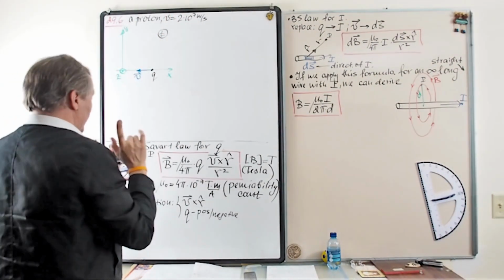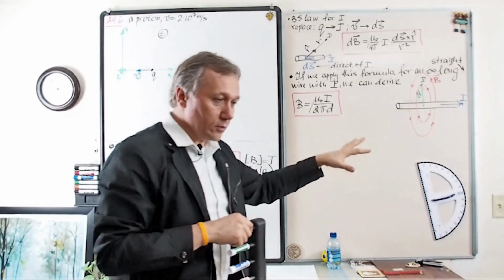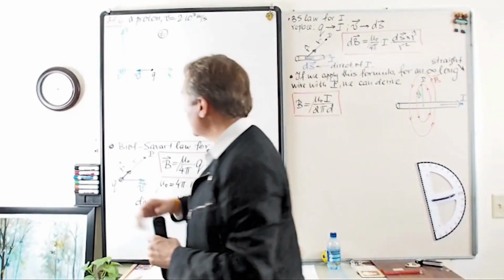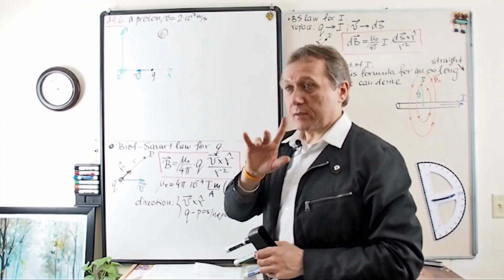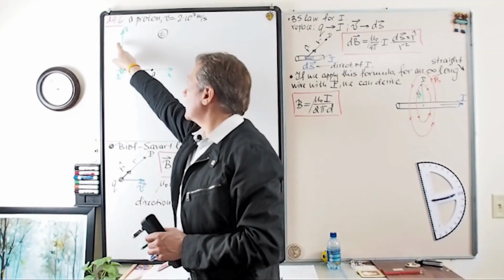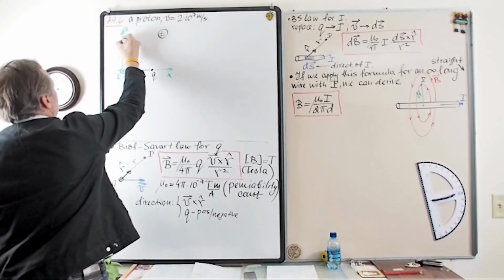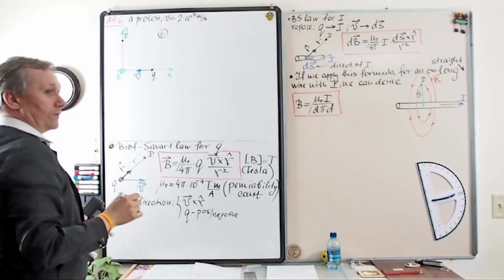So we have a charge which moves, which means it produces a magnetic field, everywhere of course. The question says, find the magnetic field at a point over here, point P.